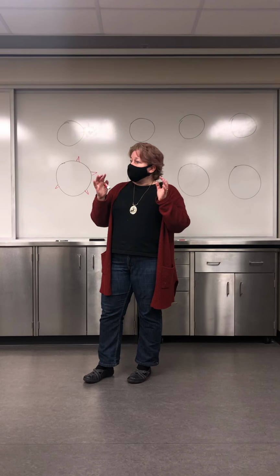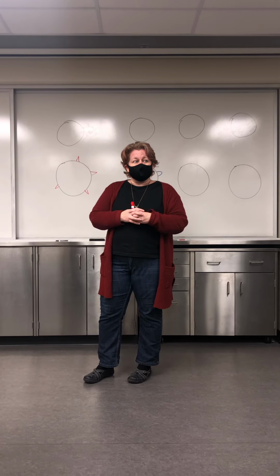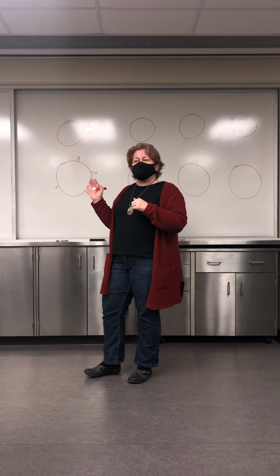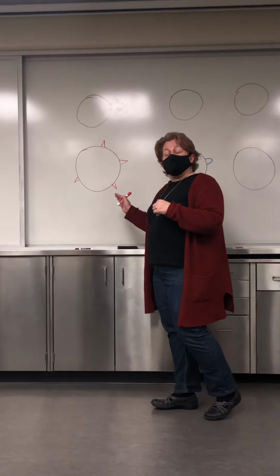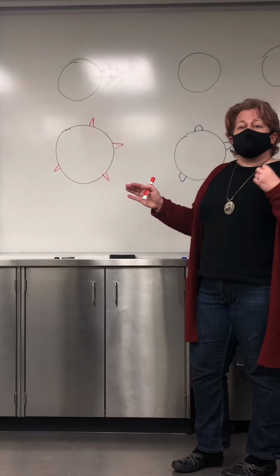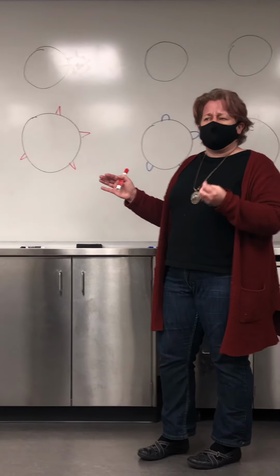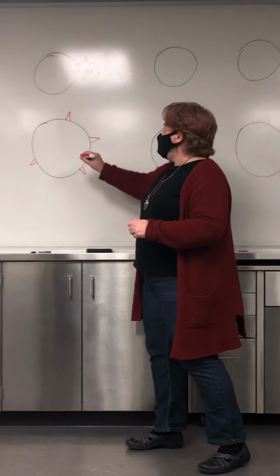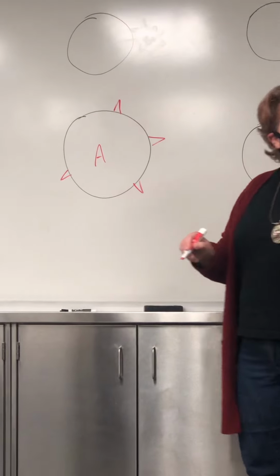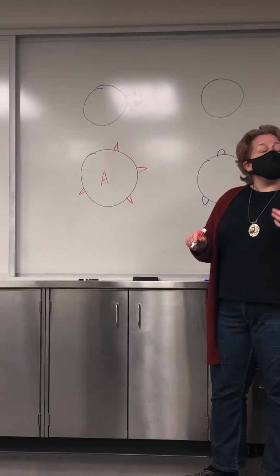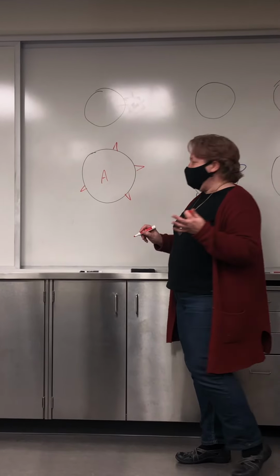It's a protein that's membrane bound, and it denotes identity. In the ABO blood group, the antigens actually convey the specific type of cell that it is. This here is what we call an A cell because it has A antigens.